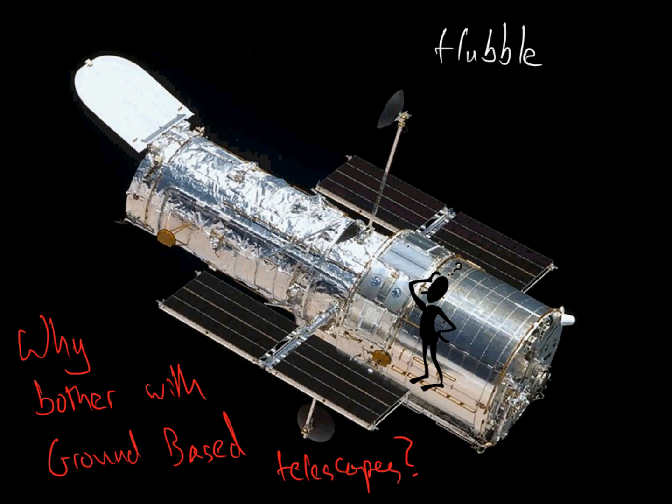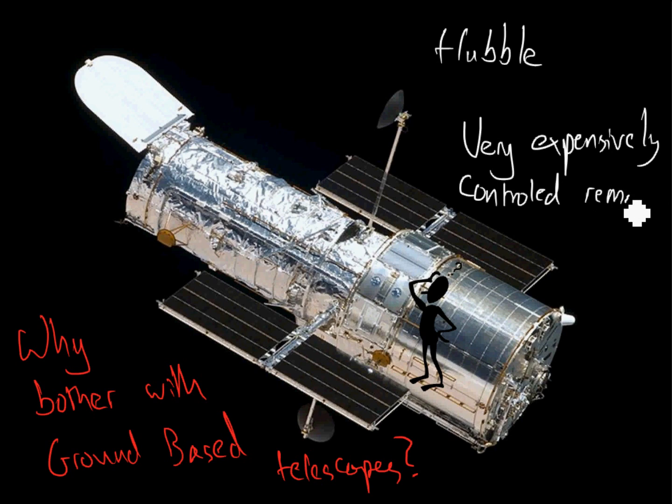Well, space-based telescopes are not without their problems. Some of the problems with space-based telescopes are that they are very expensive comparatively. Not only do you have to launch them into space, you've got to design really complicated equipment, and then you have to control it all.